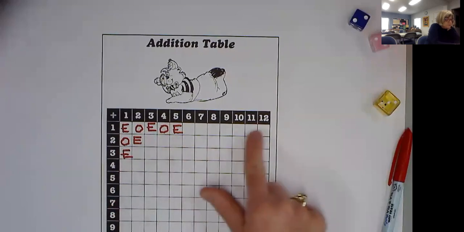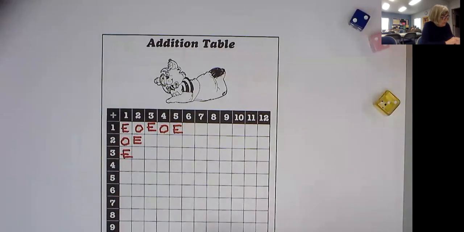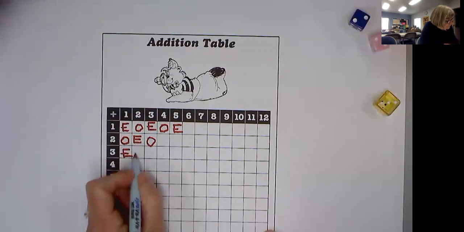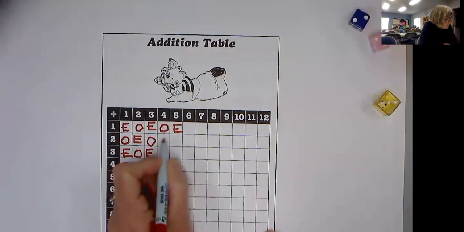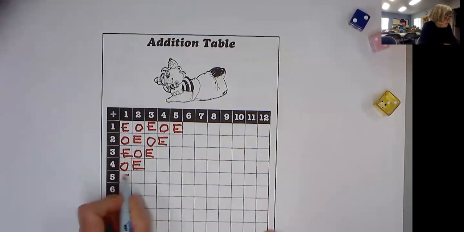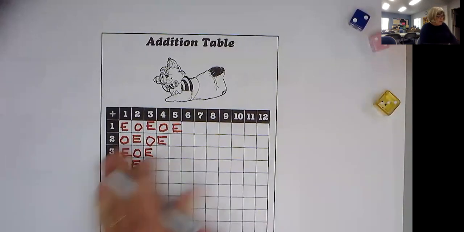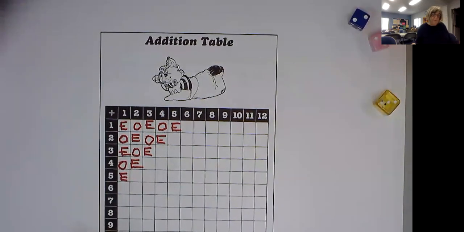Like that pattern's probably going to continue. Oh, but I also see a repeating pattern. That allows me to be a lazy mathematician when I fill this out. It looks like when you add, half the outcomes are even and half are odd.